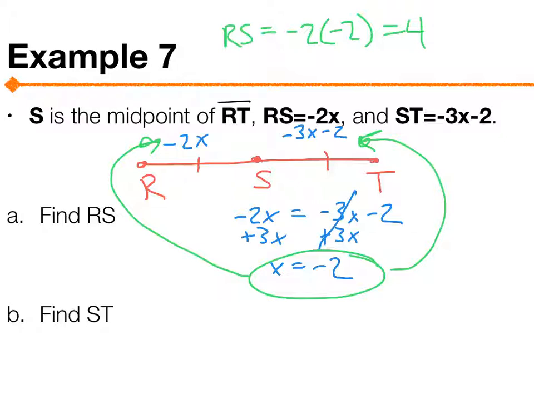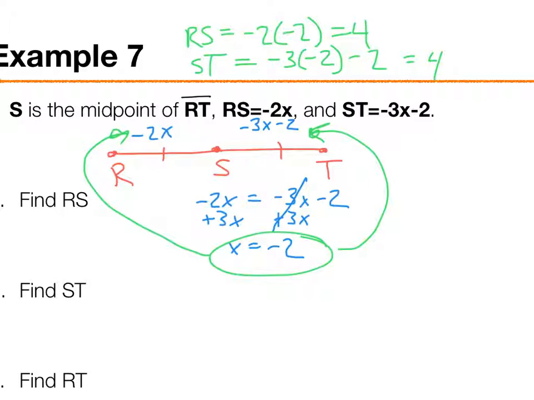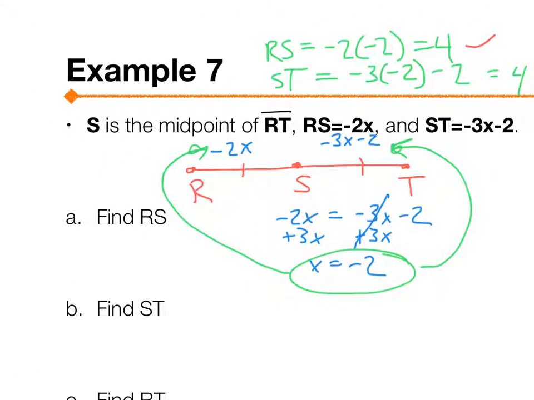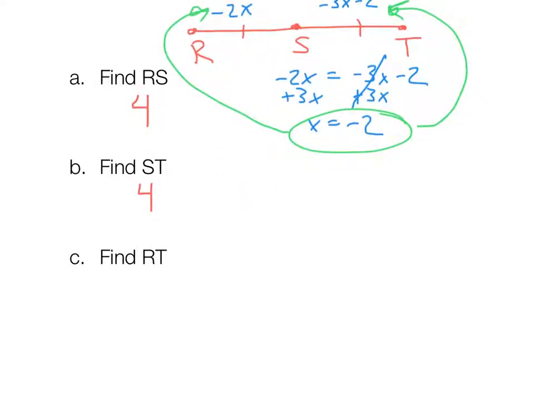And then ST, we have negative 3 times negative 2, 6 minus 2, which is equal to 4. So we know it's right because they are equivalent. So RS would be 4, ST 4, and RT 8.